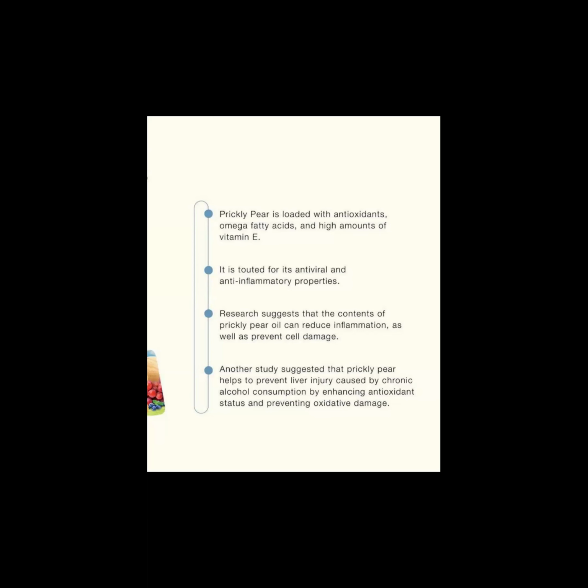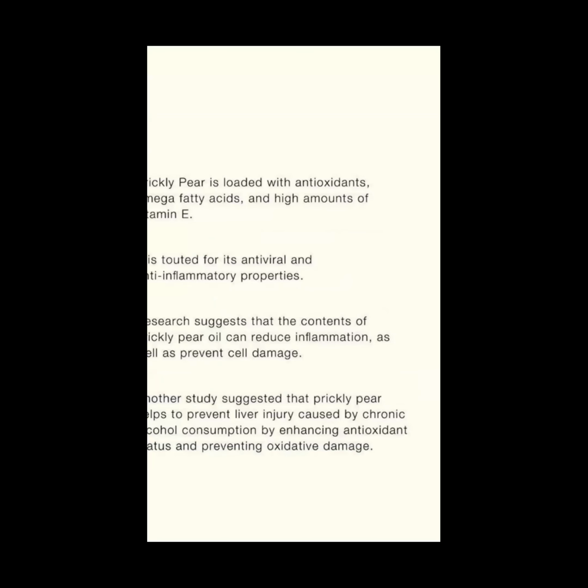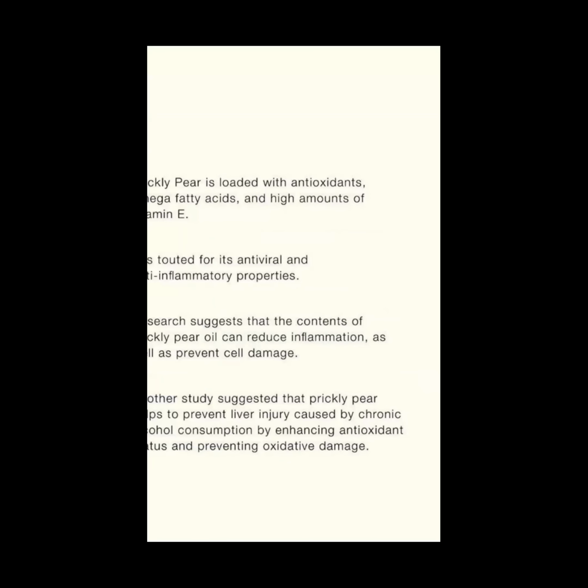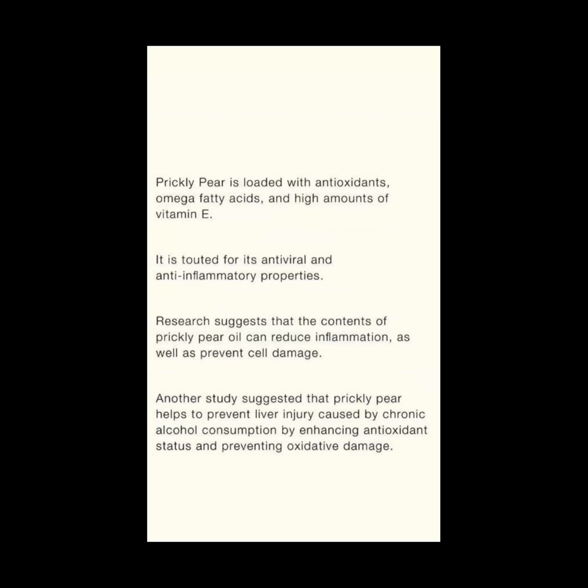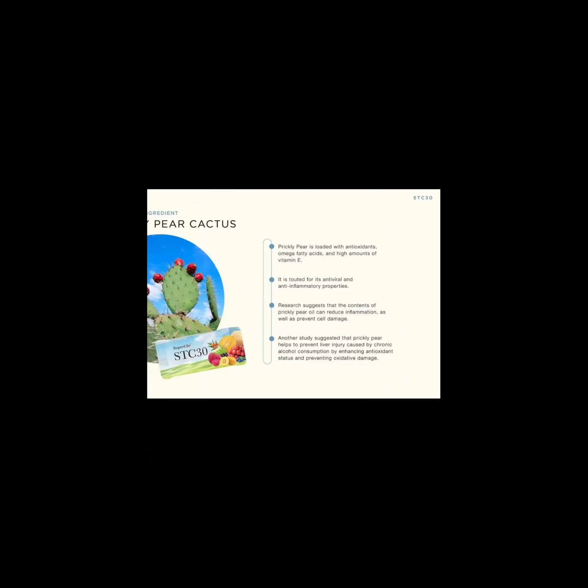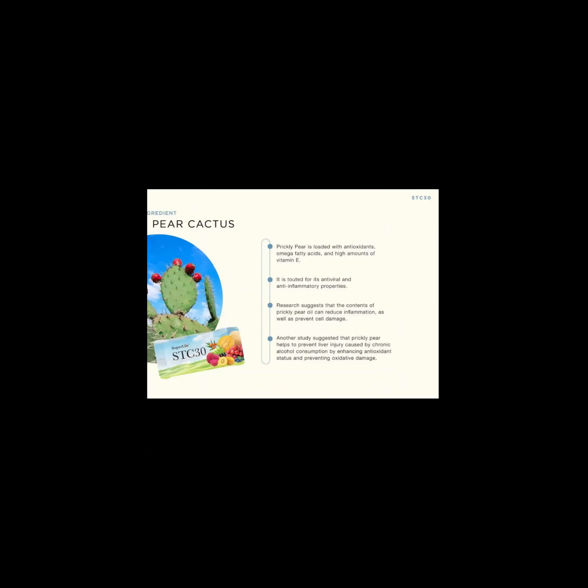It can also be due to liver damage, and this ingredient prevents liver injury. So it has antiviral and anti-inflammatory properties. Enlargement of the spleen means there is inflammation of the spleen, and this one has anti-inflammatory properties. So it can reverse it if that happens, and it can prevent it if it has not occurred.